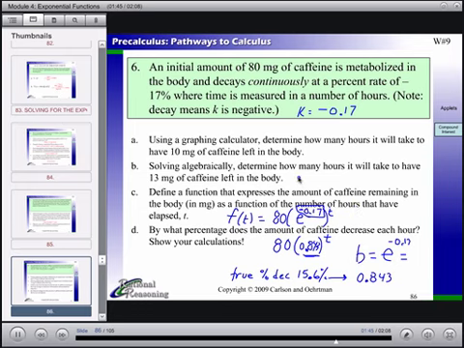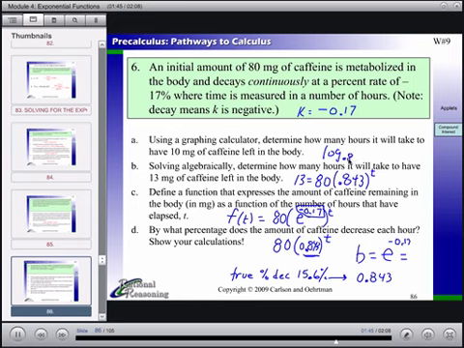So 13 equals, if you can close up quietly, I'll do this while you close up. 13 equals 80 times, take your pick, you can use either one. Use 0.843 to the t. And now you're solving, you're going to have the log base 0.843 of 13/80ths.